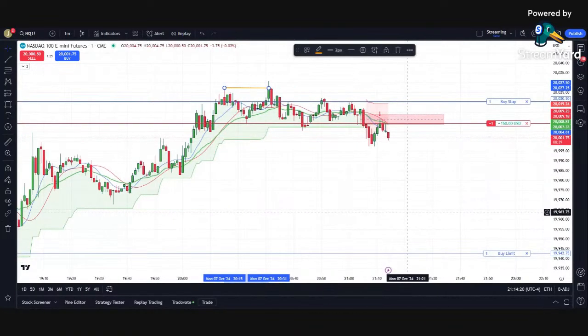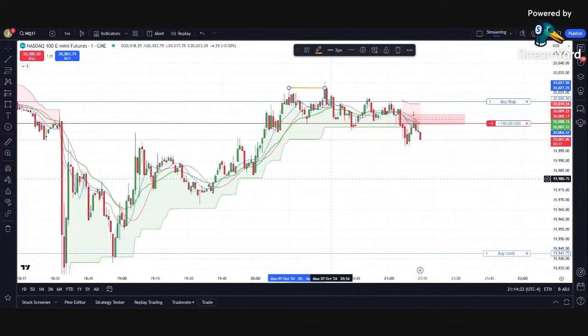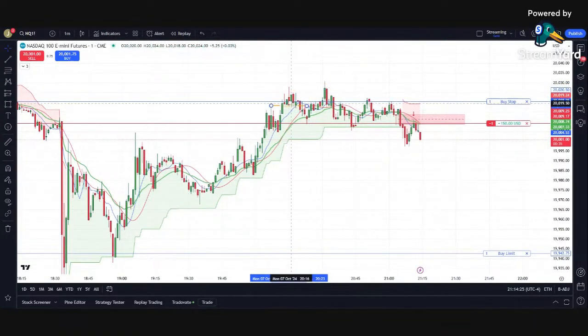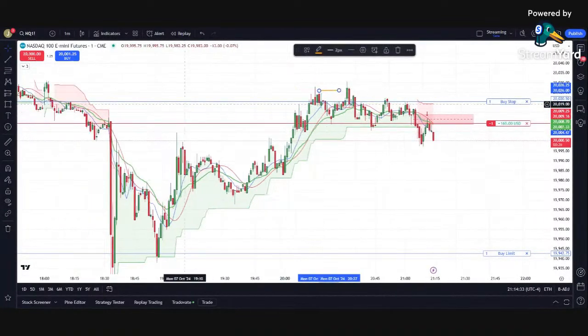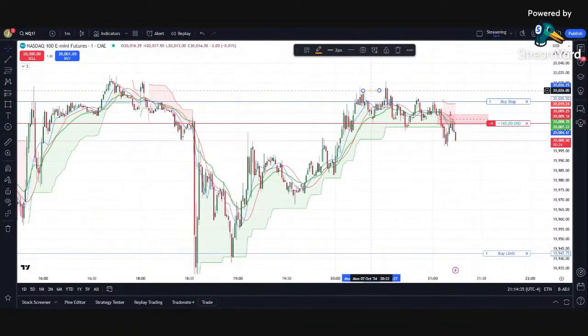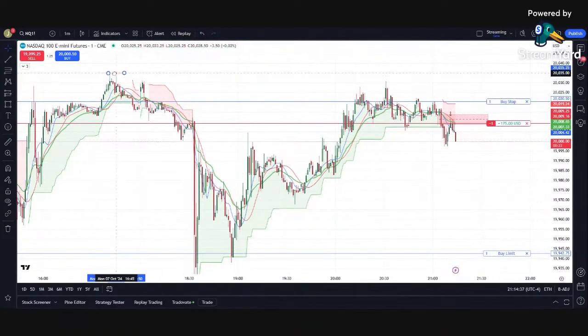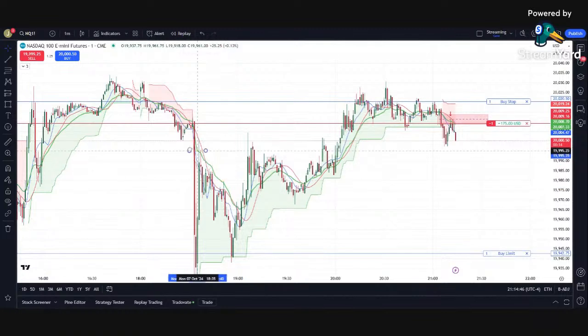So that's liquidity, and I don't know how reliable that is, because if I am here, I will consider this a liquidity, and after that I have a displacement and then another liquidity. If I am here, I will consider this a liquidity pool, but the price didn't grab that liquidity, and still we have this movement. Oh, because this is news.